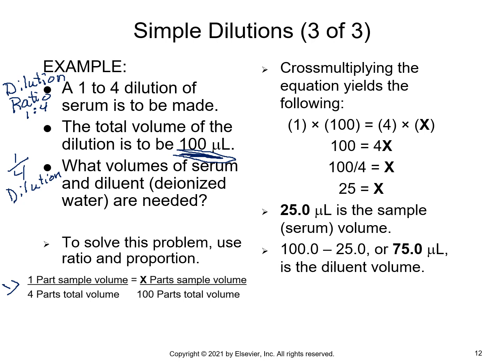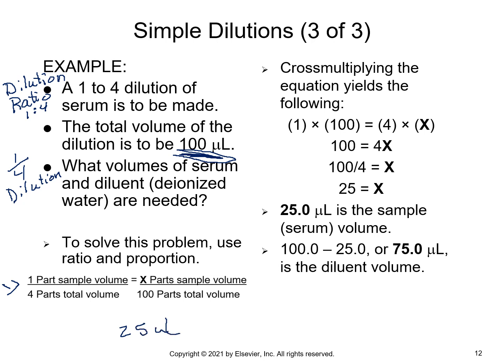Our other option: we know that one of the total parts is sample and the other is diluent. So if we have 100 parts total, we know that 1/4 of that is going to be our sample. If you can do some quick math in your head, if you need 100 microliters, then 1/4 of that is actually going to be 25 microliters.